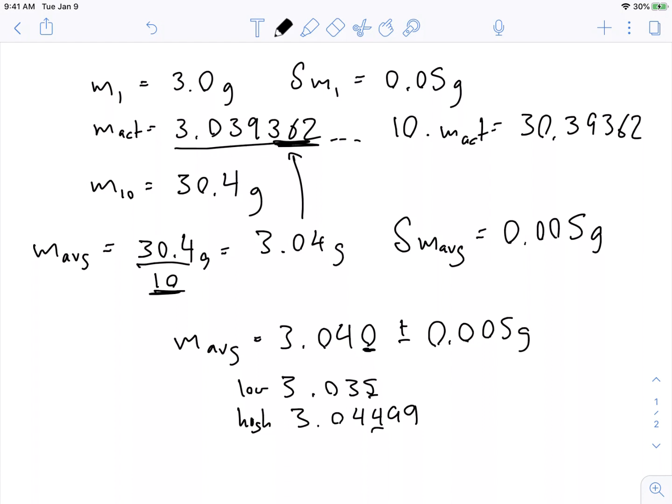So we see that by putting extra masses on the scale, and by using the fact that when I add 10 of them, I have the same uncertainty, so my relative uncertainty is now lower, I get this advantage where I can slowly converge on what the mass of one coin is. Okay, so hopefully that brings some stuff to light for the lab, at least in terms of how error propagation and the masses work.